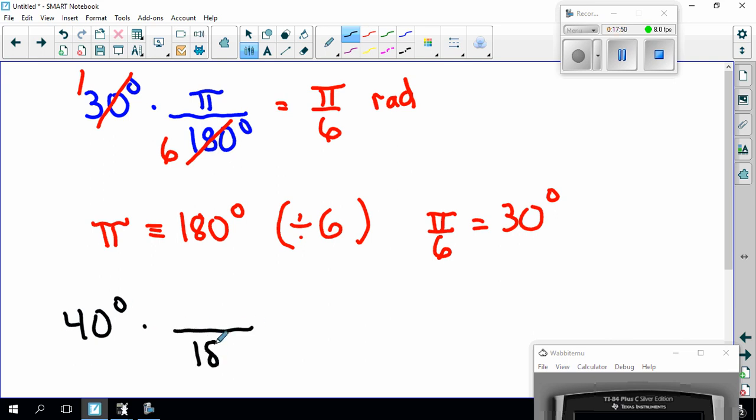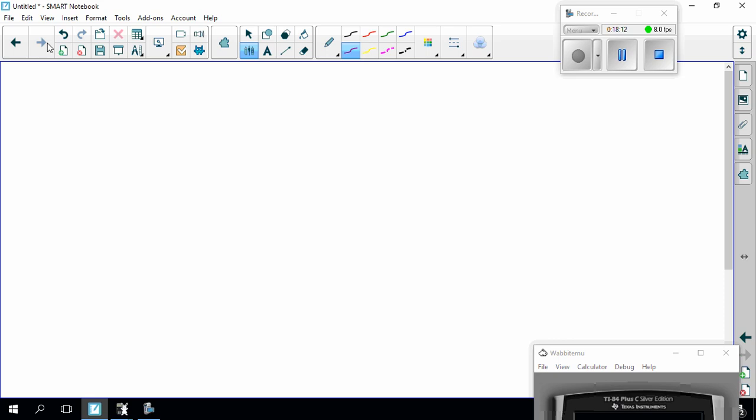But if you multiply by basically a funny looking 1, zeros cancel, you get 4, 2, 9, straight across, 2 pi over 9. Now, you may not understand radians, but we can say 8 pi over 9.